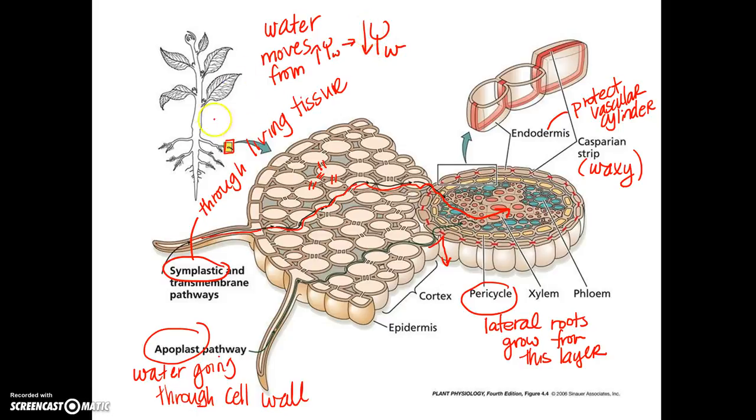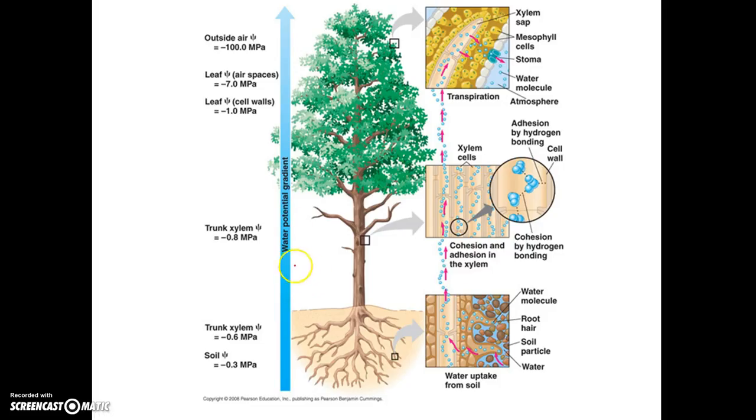So the root's water potential must be lower than the soil's. If water is going to move in, this water potential must be low. And remember what lowers water potential: solutes lower water potential, and solutes make this area more negative, make it lower. So water is going to want to enter and be where the solutes are. And so that's kind of what happens here.